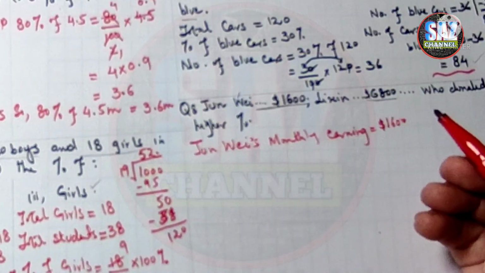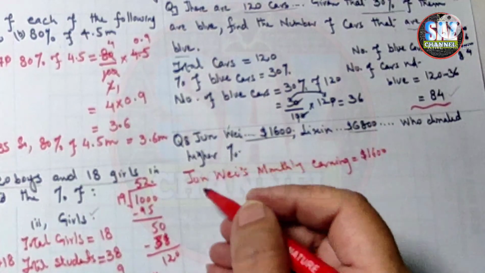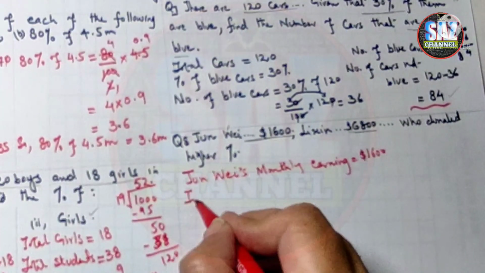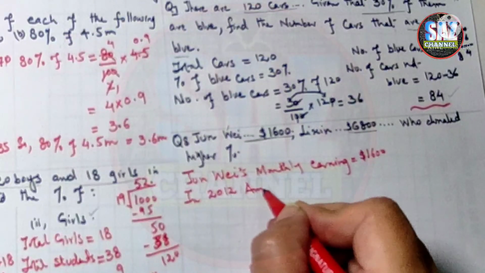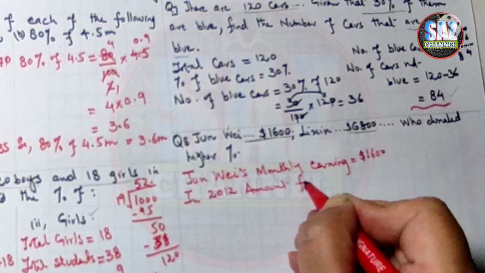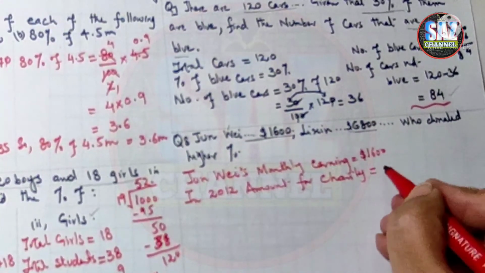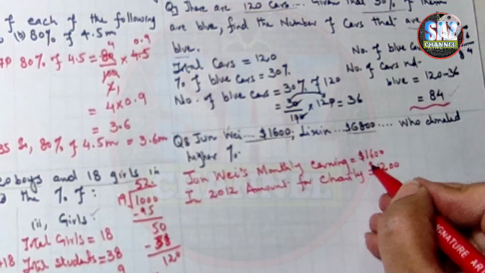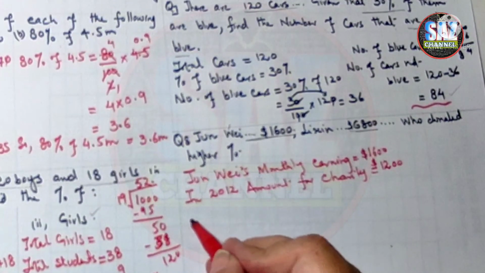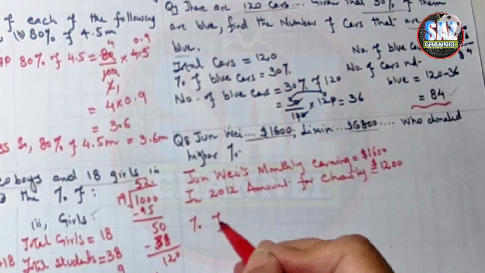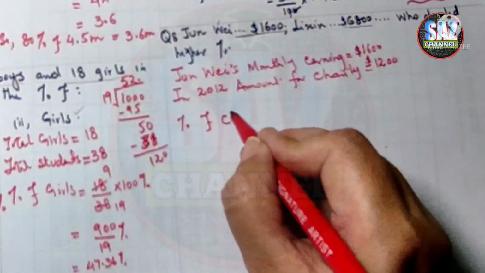Okay, and then she donated a total of $1,200 for the charitable organization in 2012, the amount given for charity. And then we have to find the percentage of charity.